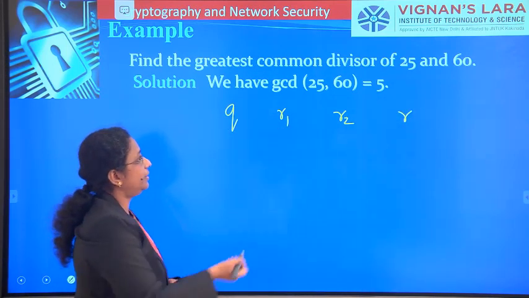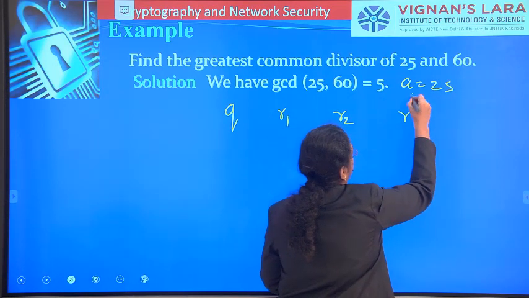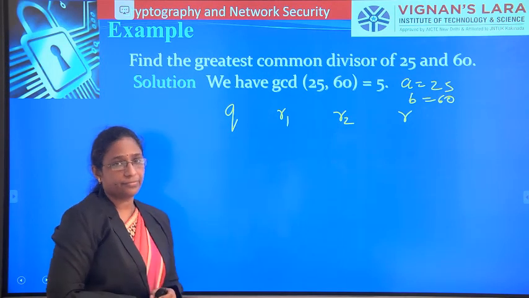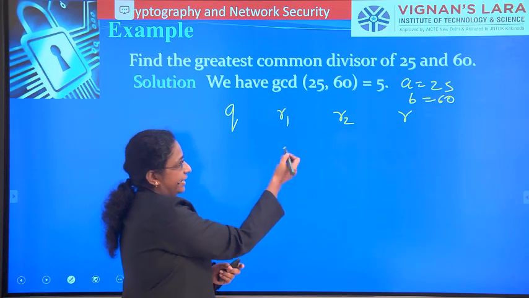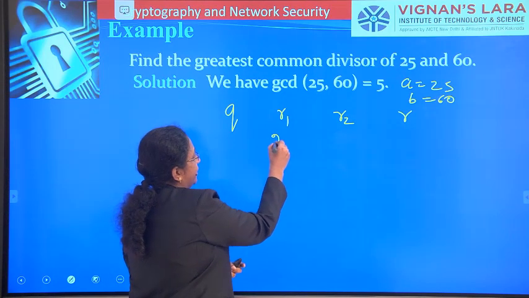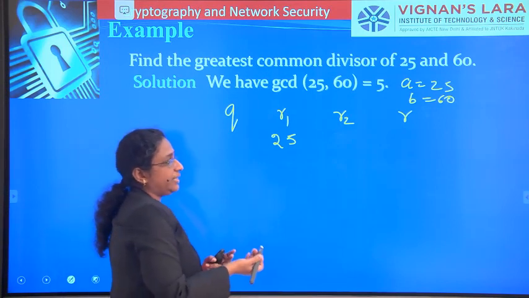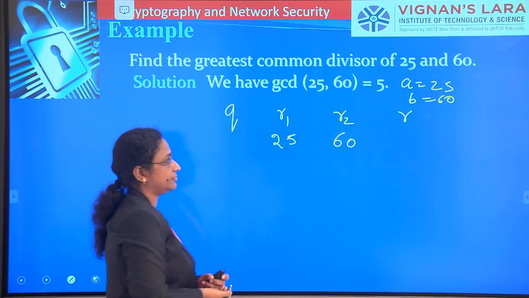Here we take A equal to 25 and B equal to 60. Now you start calculating. Since R1 is assigned the A value, at first R1 is 25, and R2 is assigned 60, so R2 is 60.